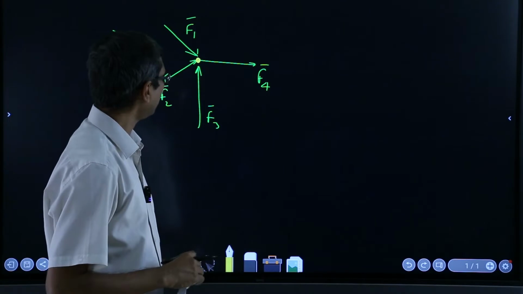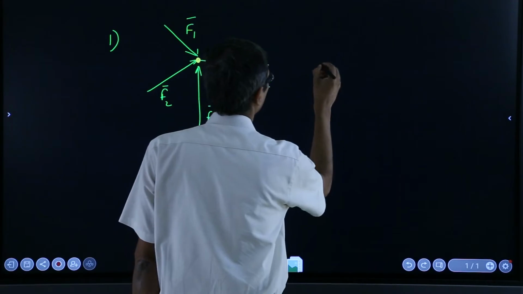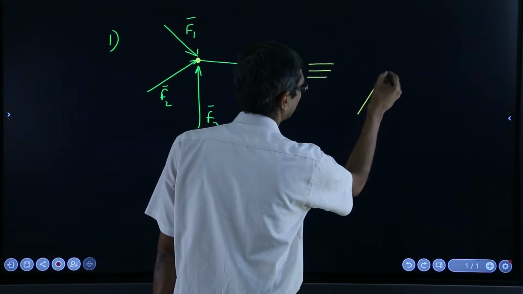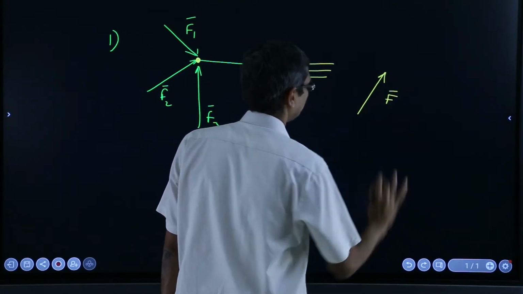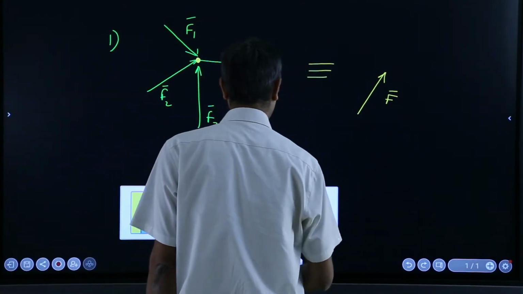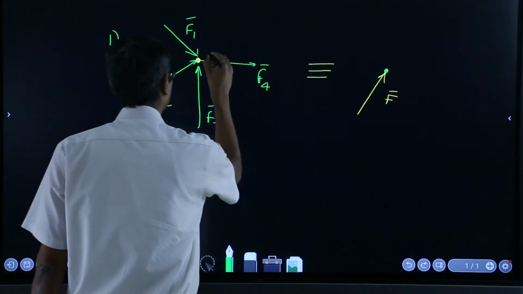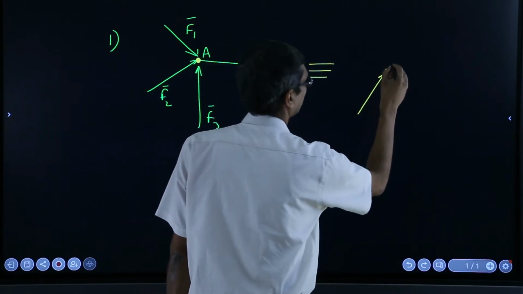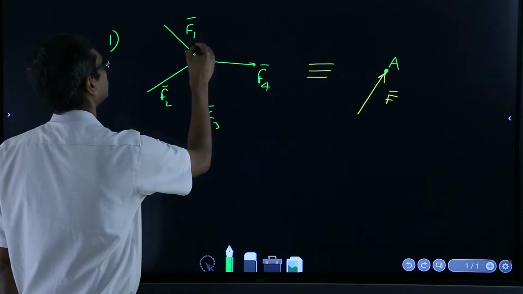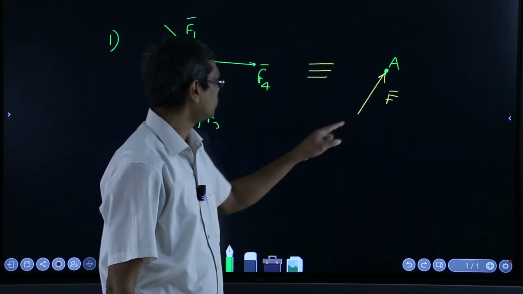Now, if that is so, then this whole thing will be equivalent to a single force in some direction. At that particular point, say the point is A, all these forces can be considered equivalent to this force.